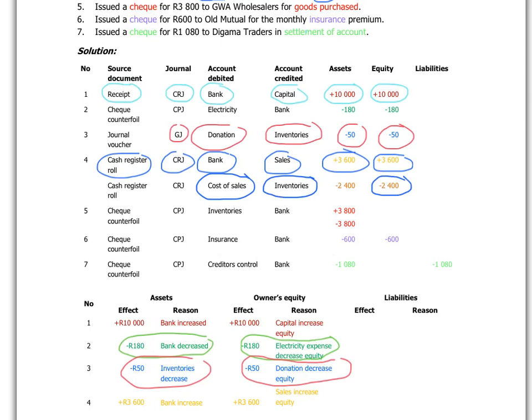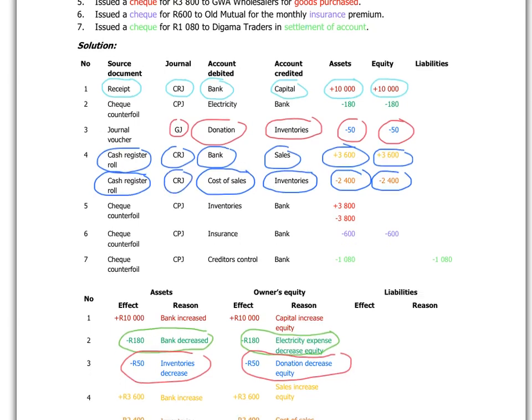Inventories is an asset. I've sold the goods, so I've got less inventories, so my assets decrease with 2,400. I will use the same cash register roll to determine the cost price, and I will also record that in the cash receipts journal.